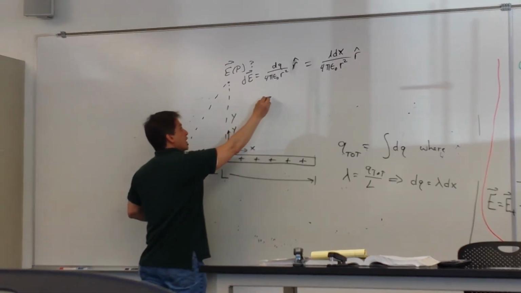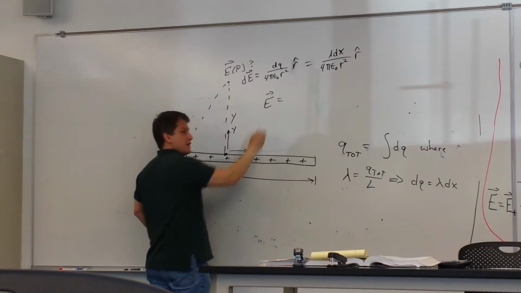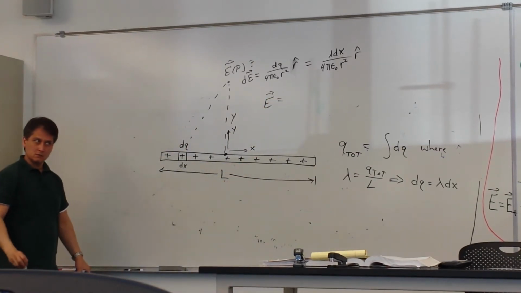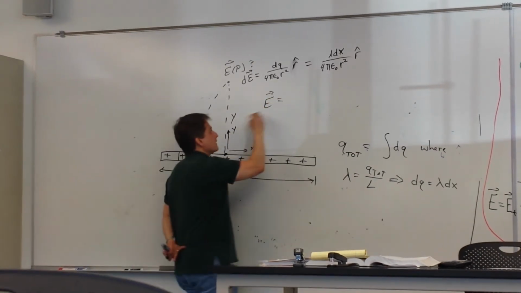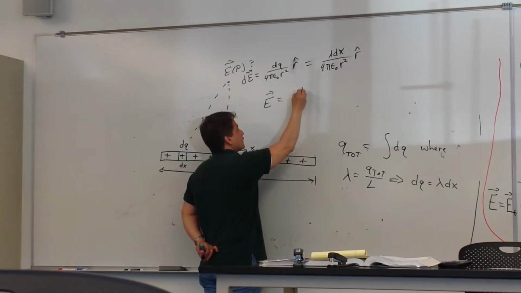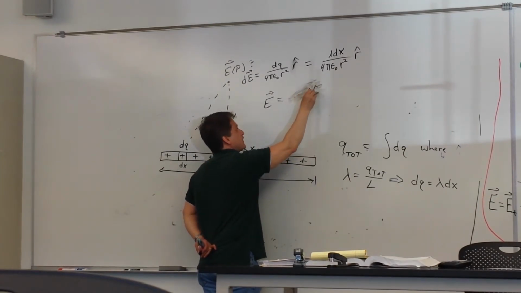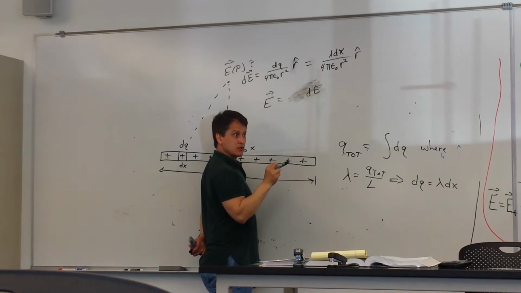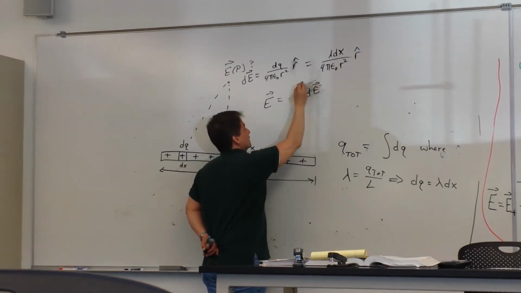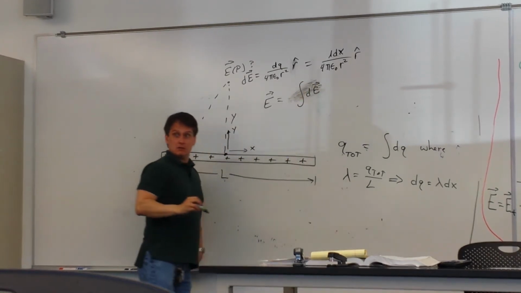So if I wanted to know what the total electric field would be, I would take the electric field associated with every little chunk dq, and I would add them all up.